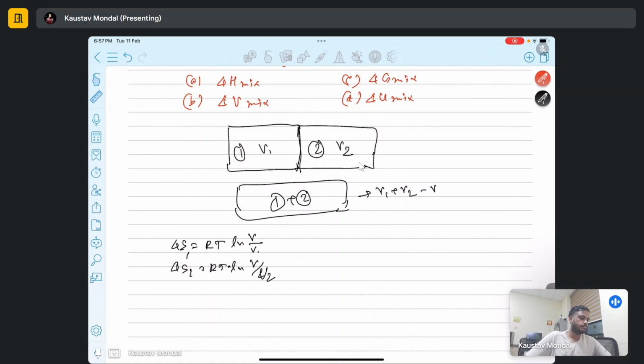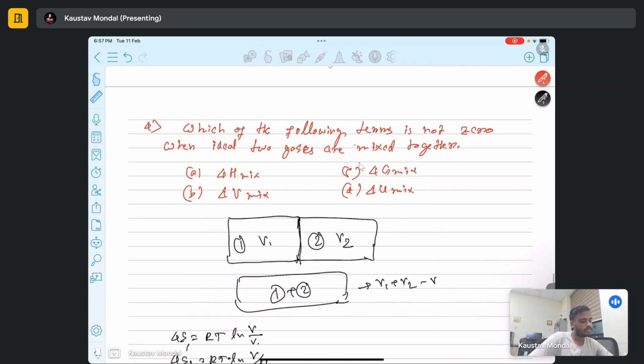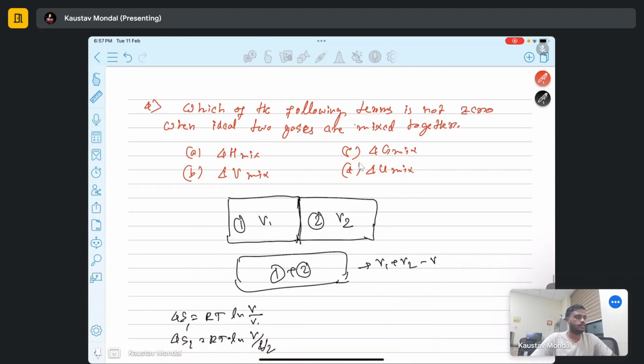Like this, provided that this whole system is not completely isolated from the surroundings. So basically there should be no change in temperature with the surroundings in this case.